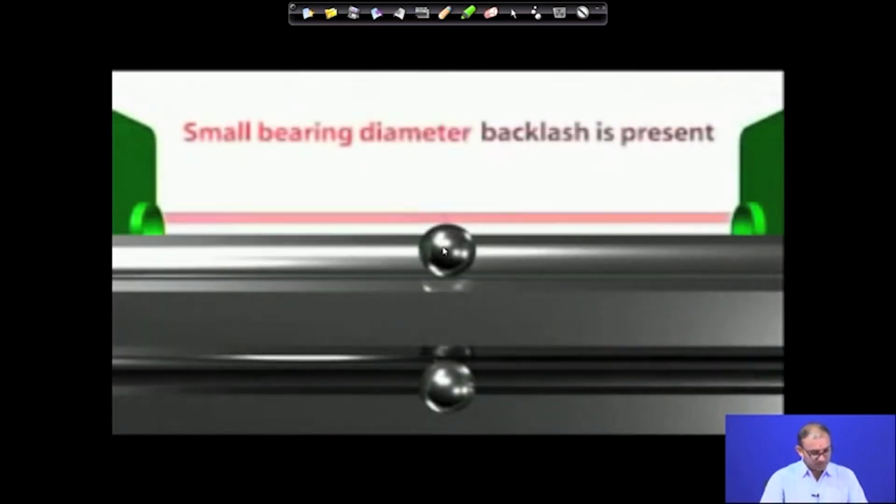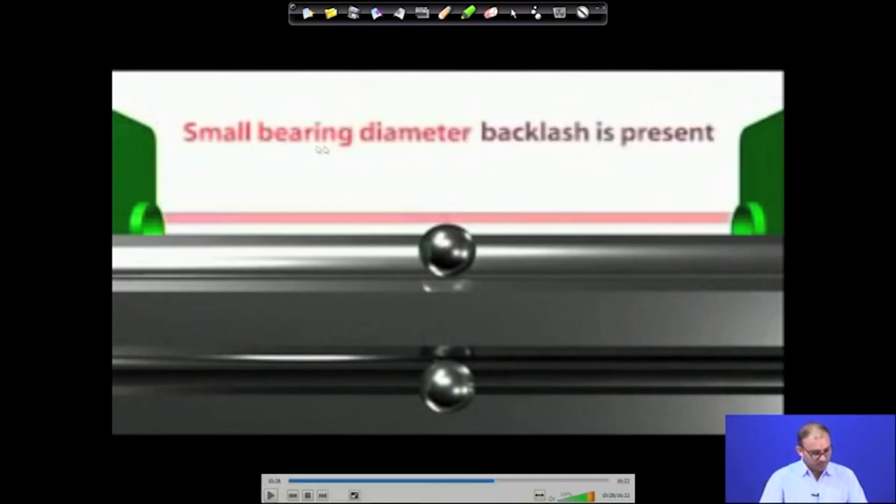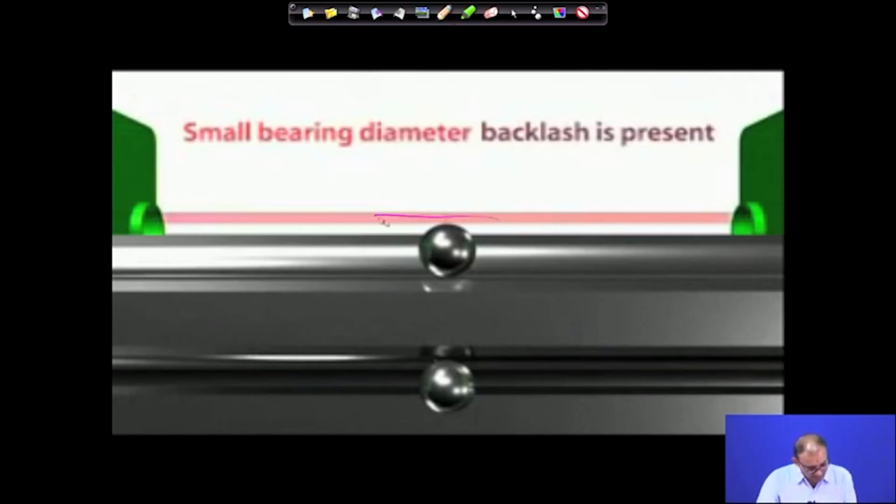This is the situation where we have a small bearing diameter and this is the length where we have to keep our diameter. This is the rail, and the diameter is here. This is the particular backlash. If that backlash is present, what is going to happen here?